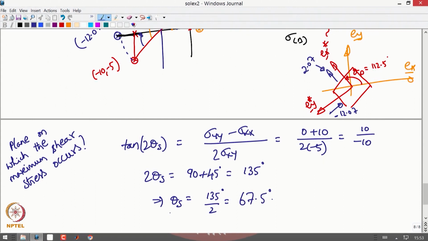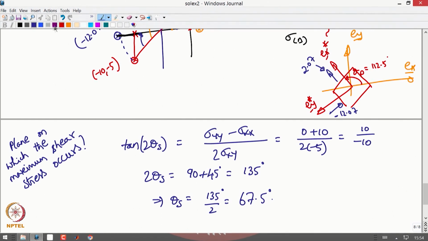The maximum shear stress need not occur only in this plane, but it will occur in planes which are 90 degrees plus this angle also, because shear stress will occur in pairs, both sigma xy and yx are same. So, they will be occurring at 4 planes wherein this maximum shear stress will occur. Okay.